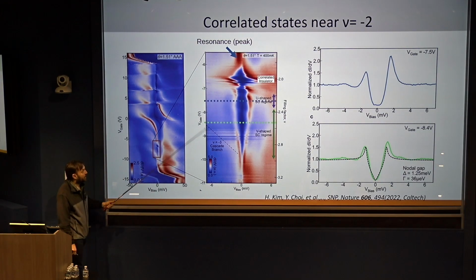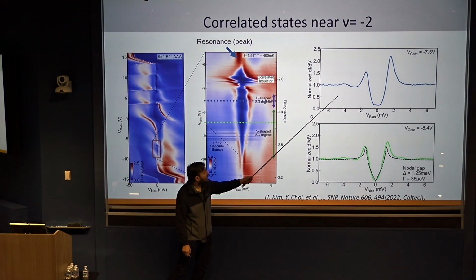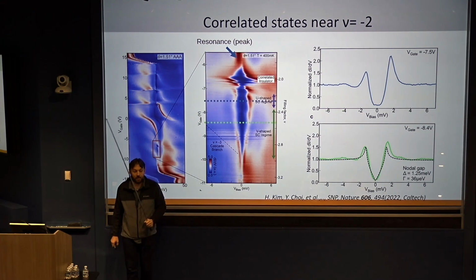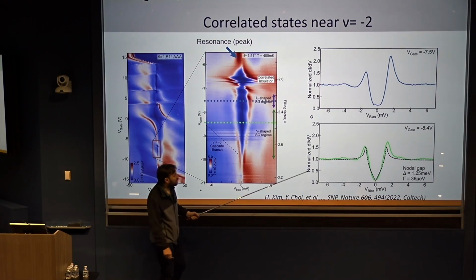And if you take line cuts, you can extract something that is symmetric around the Fermi energy and looks like a superconducting gap.